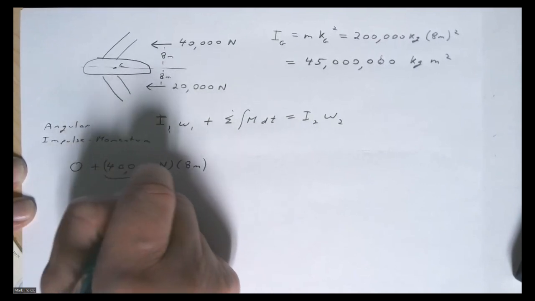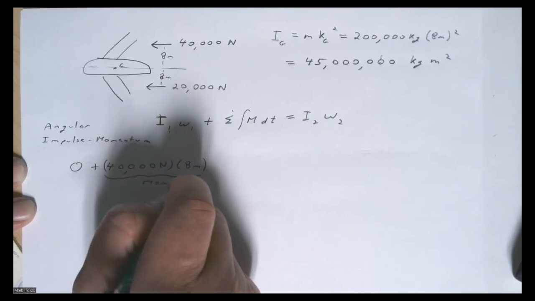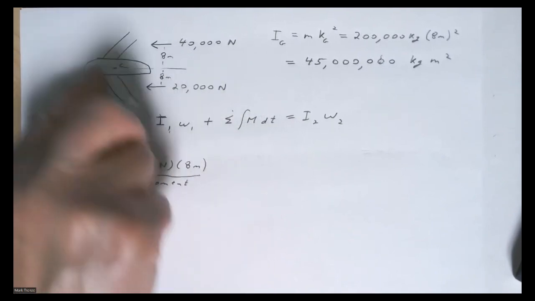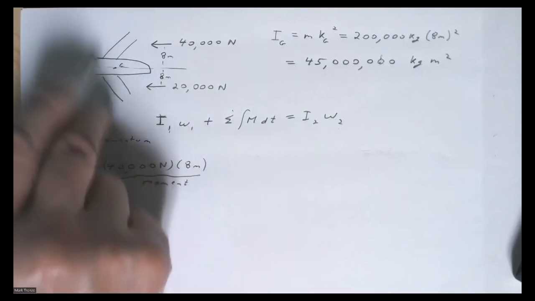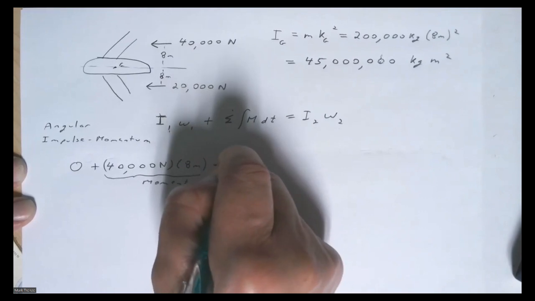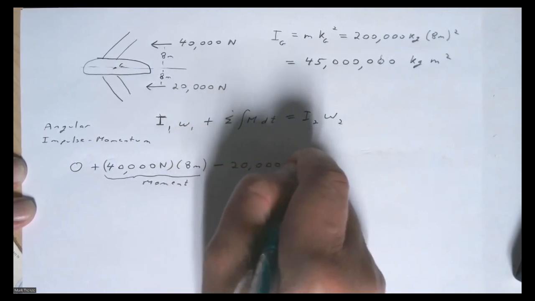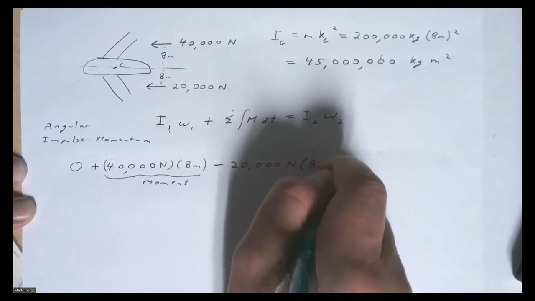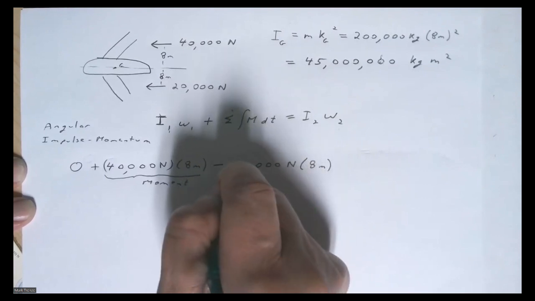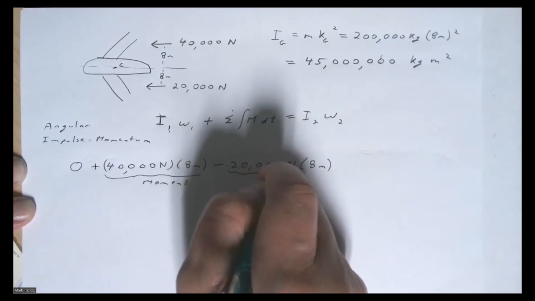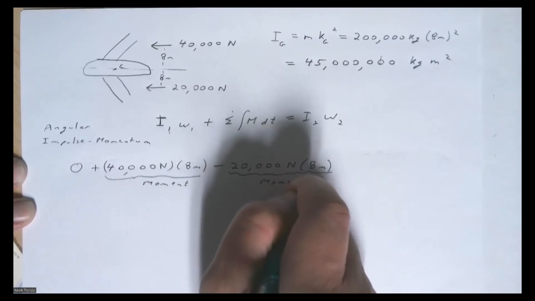That's going to be our moment for that one. And then we have this 20,000. If we count counterclockwise positive, the 20,000 will end up being negative. And again, that'll be the moment for the other one.